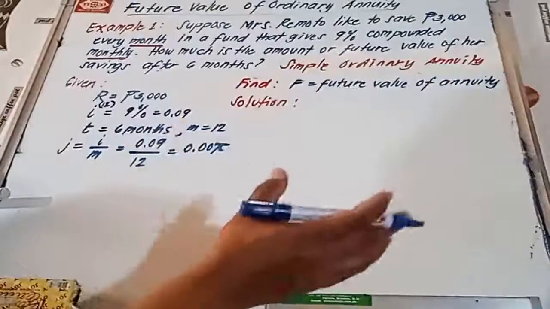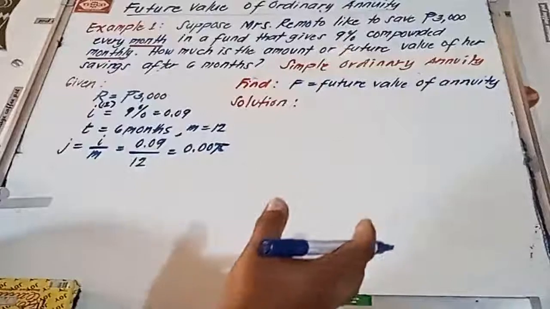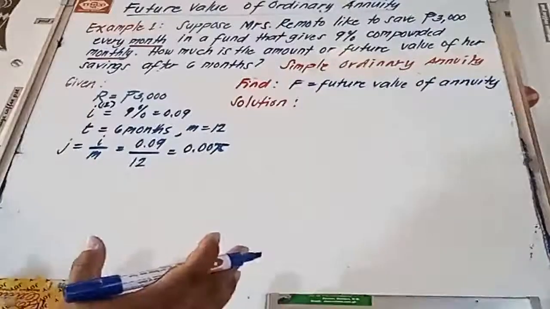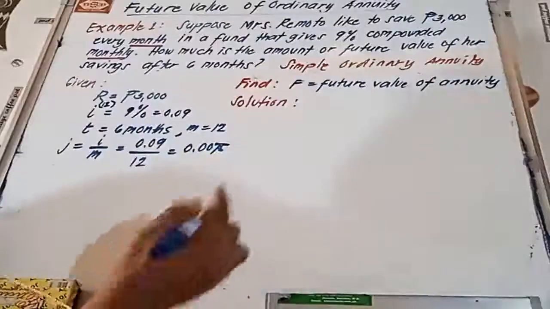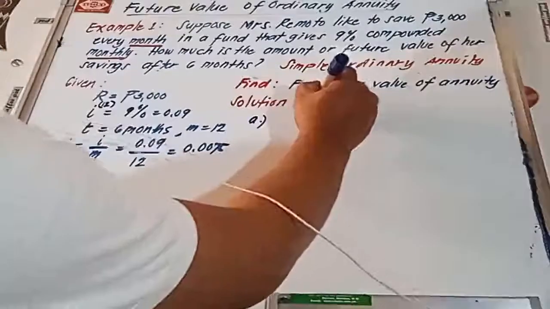Yung 6th month, yung future value niya is already 3,000 kasi yun na yung future eh. We can no longer solve for the future value kasi yun na yung future value of 3,000 on the 6th month.